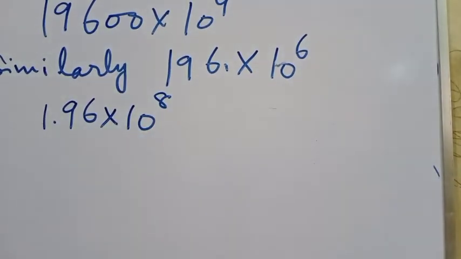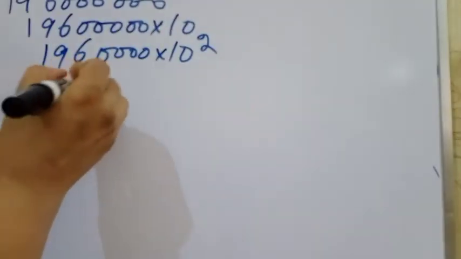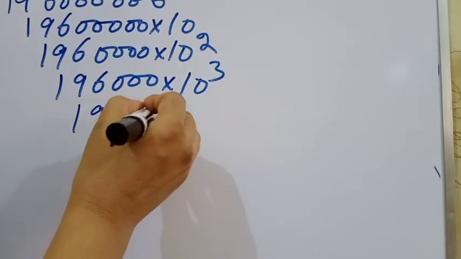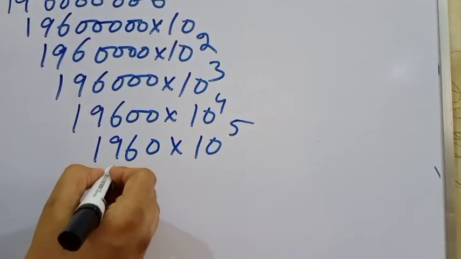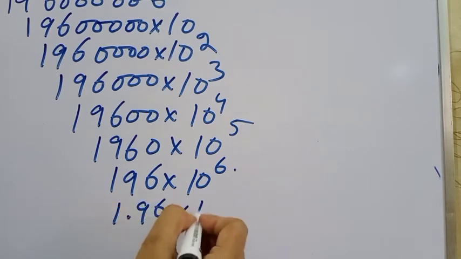We write all the lines again: 196 multiplied by 10 raised to the power 4, 196 multiplied by 10 raised to the power 5, 196 multiplied by 10 raised to the power 6, and 1.96 multiplied by 10 raised to the power 8.